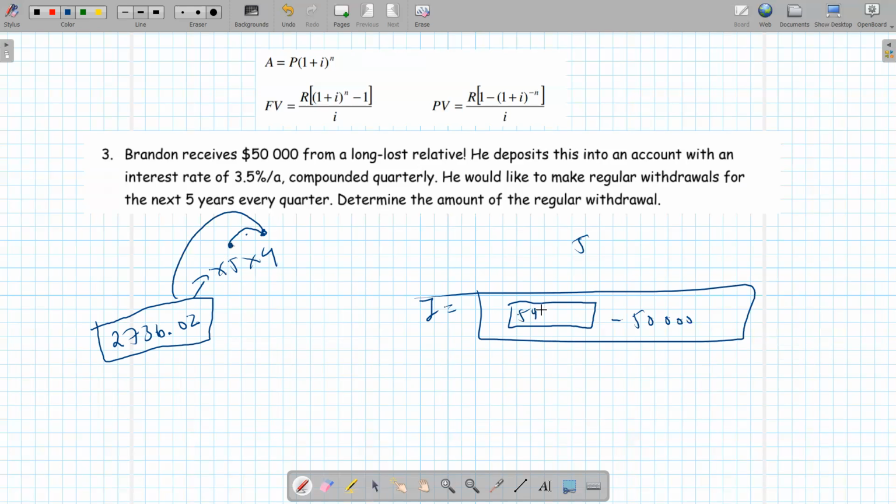So he earned almost $5,000 in interest, which is really good, right?